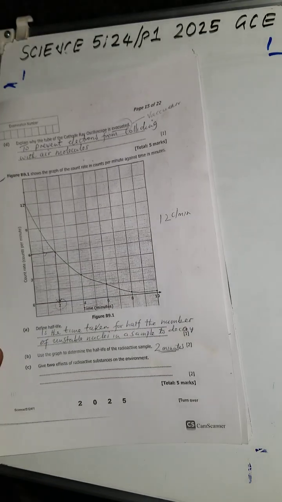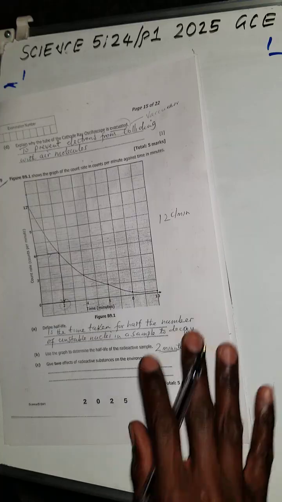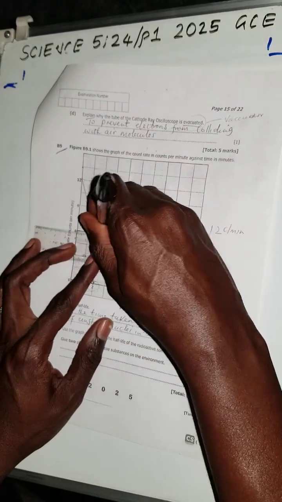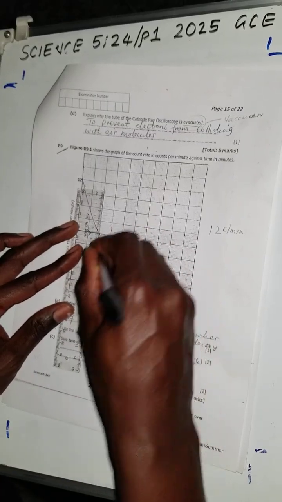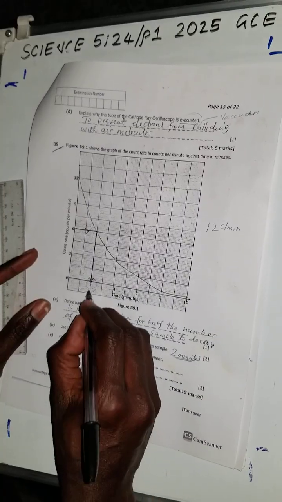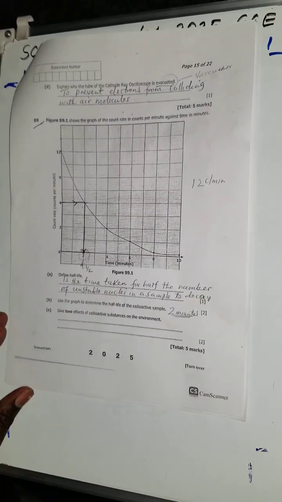You can use a rule to determine that. From there, you just need to draw a line like the way I've drawn it. Where it is meeting the curve, you drop it down to the x-axis, and that will give you your half-life. So this here is representing our half-life, which is 2 minutes.